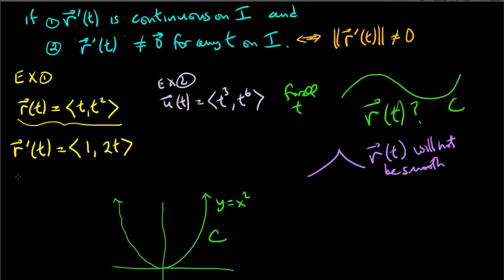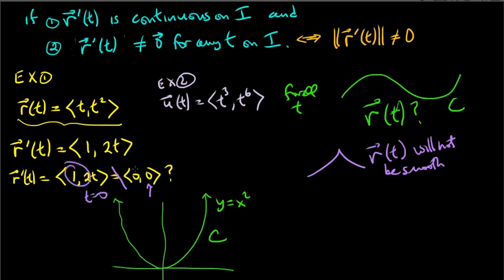Part 2 says that this derivative can never be 0. So 1, 2 times t. Does this equal 0, 0? No, never. Look, the y component could be 0. If t is 0, the y component is 0.